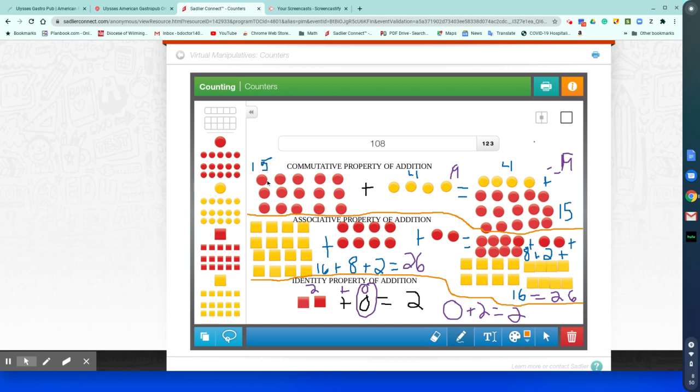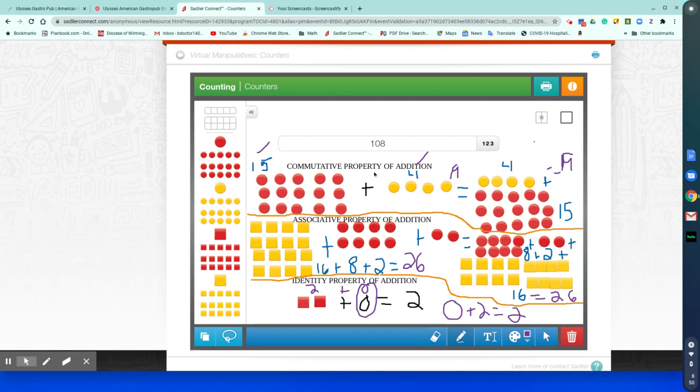So the first one we'll talk about is the commutative property of addition. And this one states that the addends, the 15 and the 4, here with the 15 counters and the 4, if we were to write that with 4 plus 15, basically the opposite of what's here, it gives us the same sum.